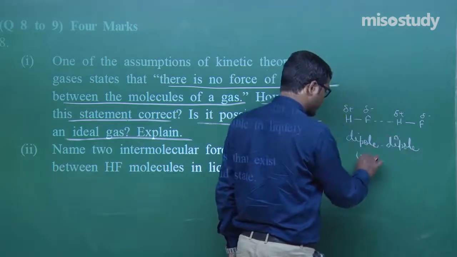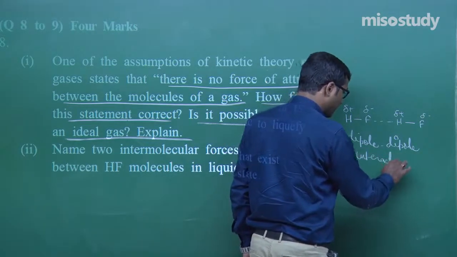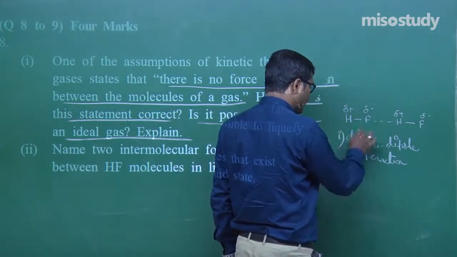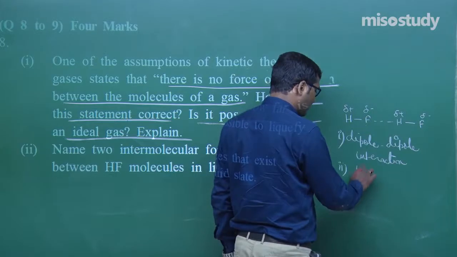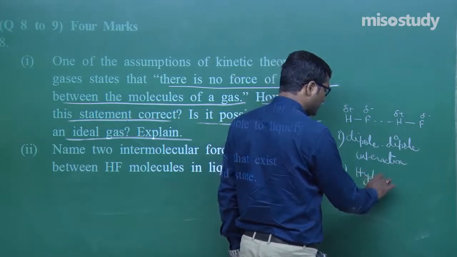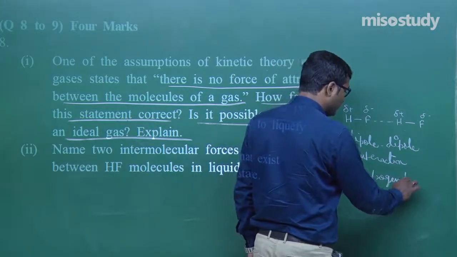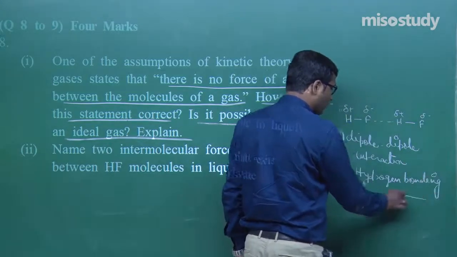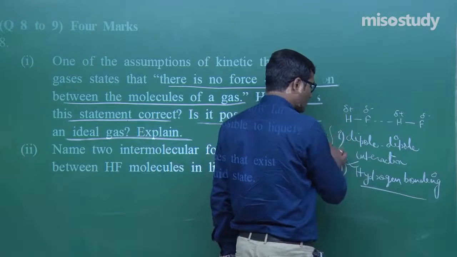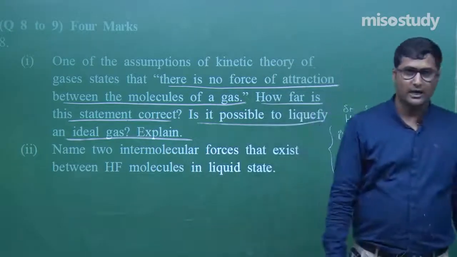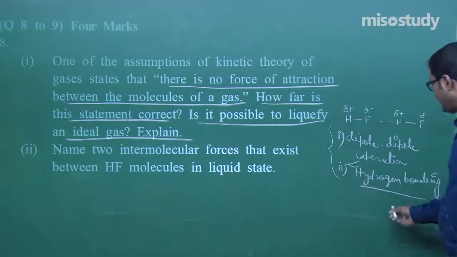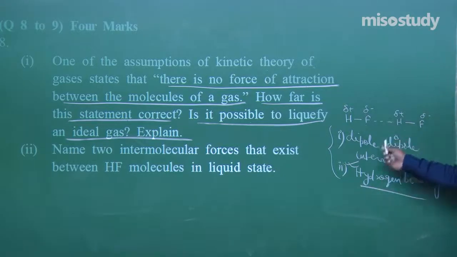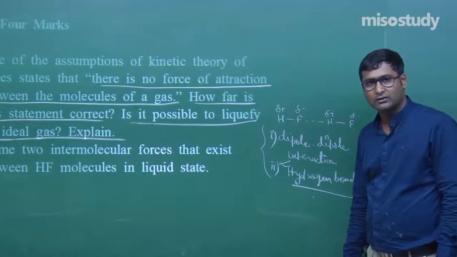Yes, the first force is dipole interaction, and the second force, due to the difference in polarity, is the famous bond, hydrogen bonding. As I told you earlier, hydrogen bonding is not a bond, it is just a force. So, two forces operate: dipole interaction and hydrogen bonding. Clear? Dipole interaction and hydrogen bonding.